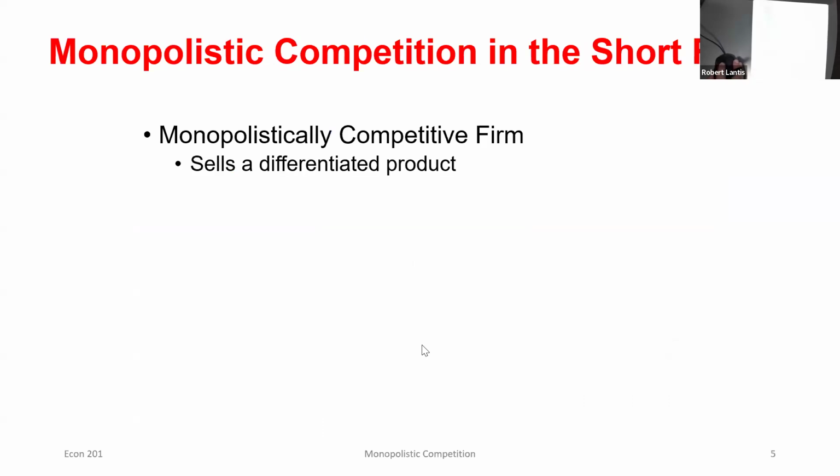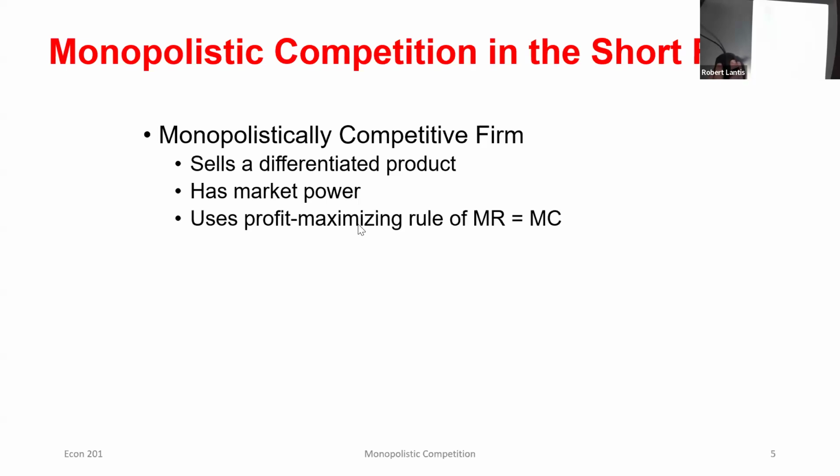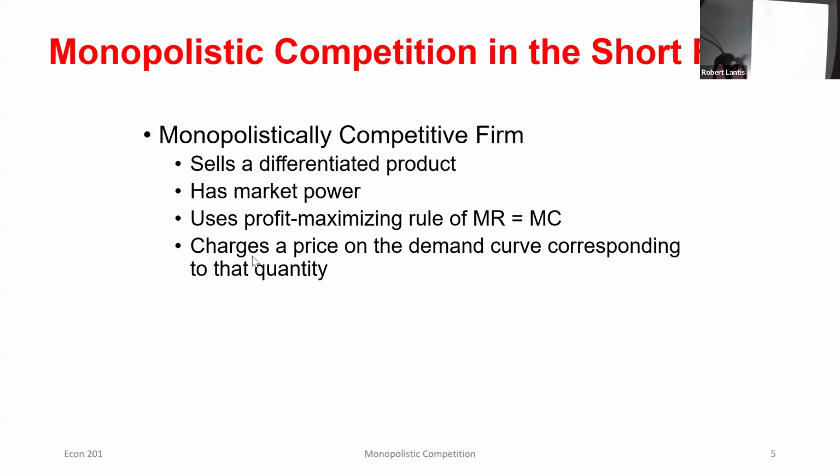So they've got a differentiated product, which is going to give them some market power, not complete market power, but some market power. Okay. They're still going to set that profit maximizing quantity, just like a monopolist and a perfectly competitive market would, where marginal revenue, that last unit where marginal revenue, is equal to marginal cost. They're then going to go up to the demand curve. We'll see that the demand curve for them looks a little bit different than a perfectly competitive market.